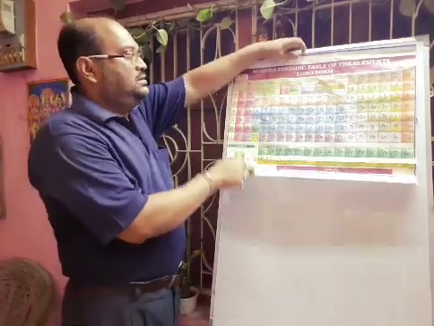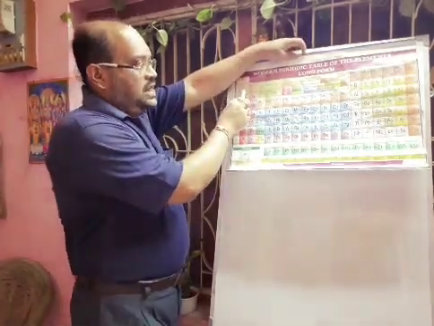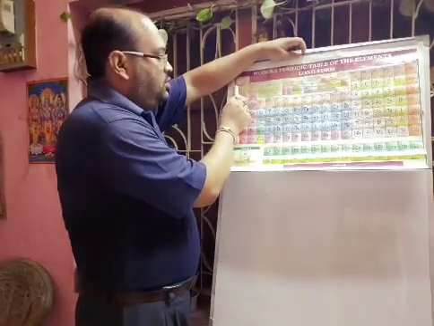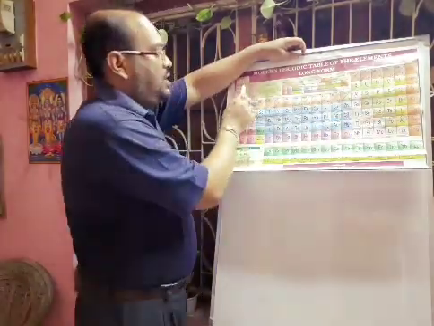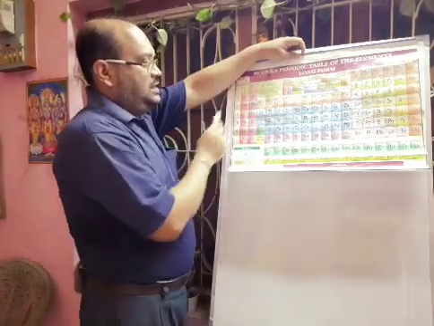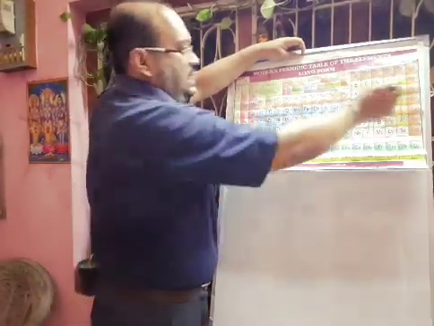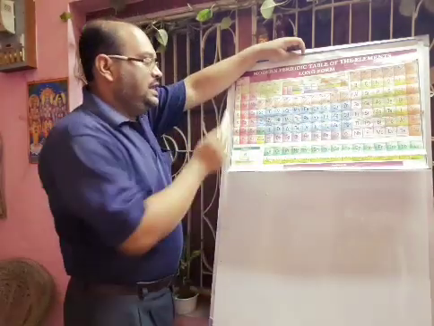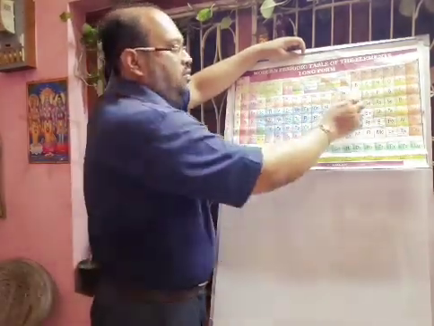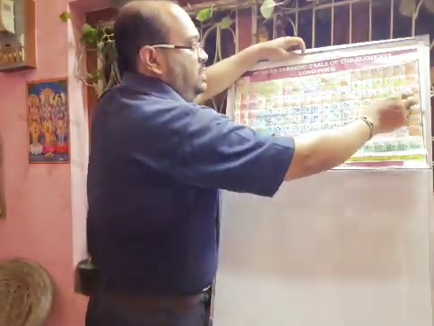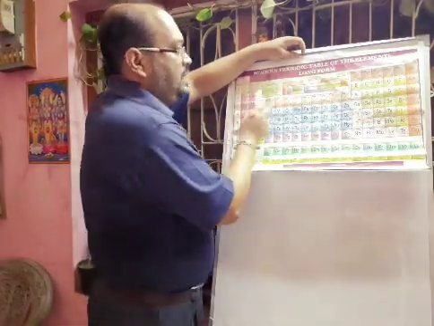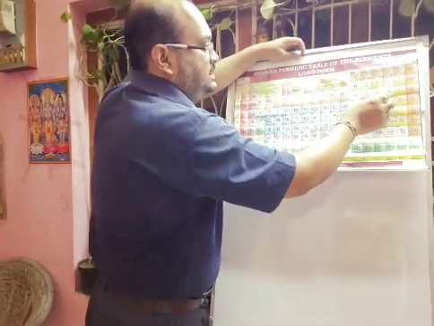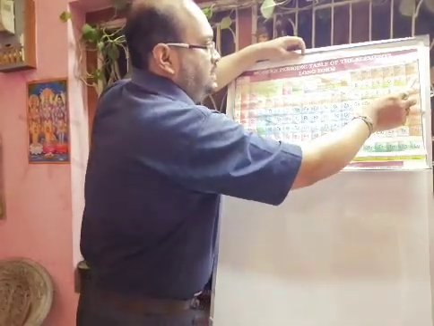Suppose here group 1 and period 1, there are only 2 elements, hydrogen and helium. So in group 1, hydrogen is placed, its atomic number 1. After that helium is there. And next lithium, beryllium, boron, carbon, nitrogen, oxygen, fluorine, neon. So here this one is 1A, group 2A, then 3A, 4A, 5A, 6A, 7A, and this one is the 0 group.